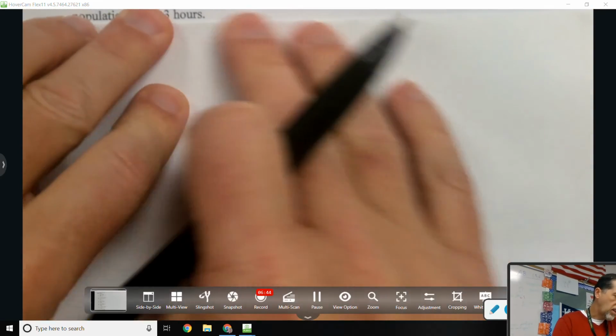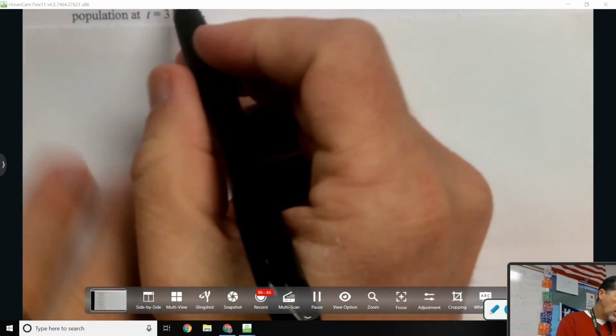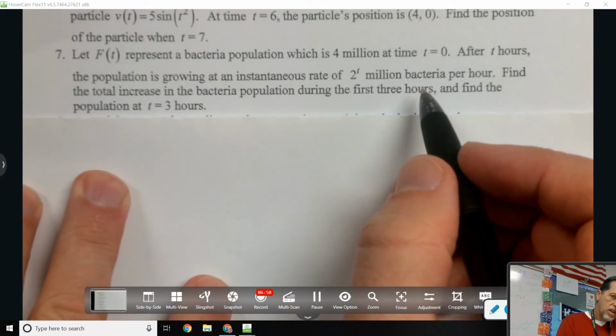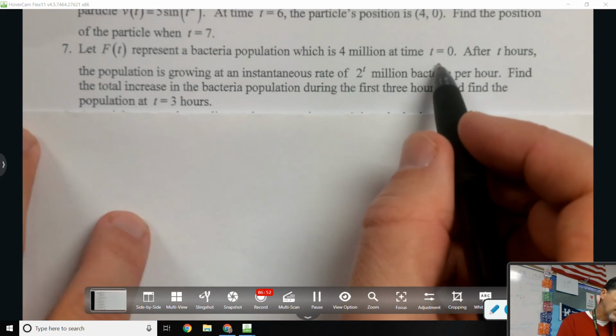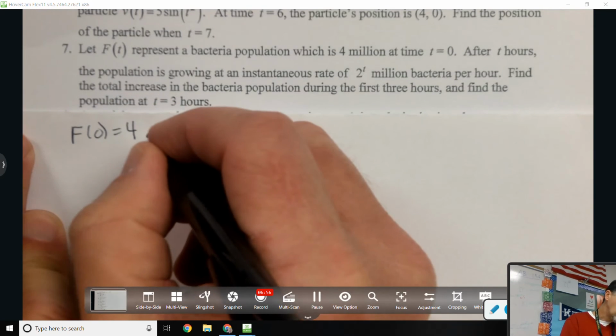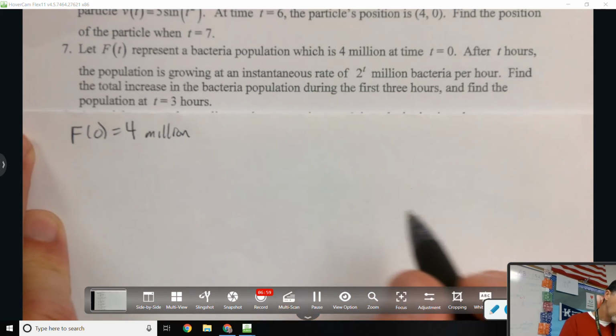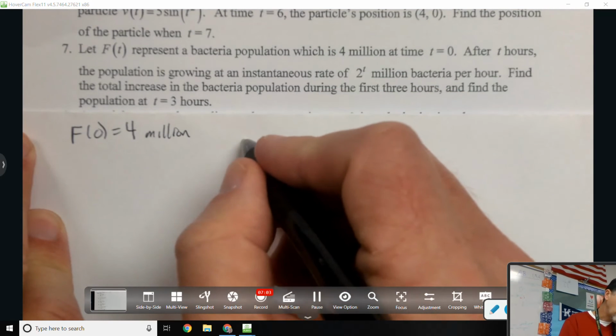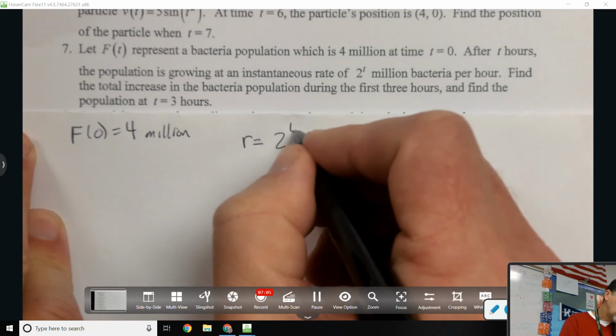Number 7. Let F represent a bacterial population in which there's 4 million at time 0. So that means F of 0 equals 4 million. After t hours, the population is growing at a rate of 2 to the t.